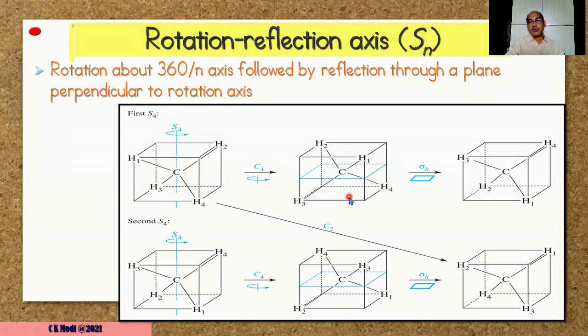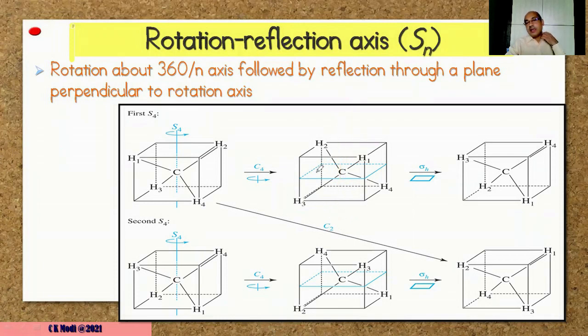Okay. Now the second operation, followed by reflection through a mirror plane which is perpendicular to that rotation axis. So it involves 2 operations simultaneously: rotation by n axis, followed by reflection through a mirror plane perpendicular to that rotation axis.